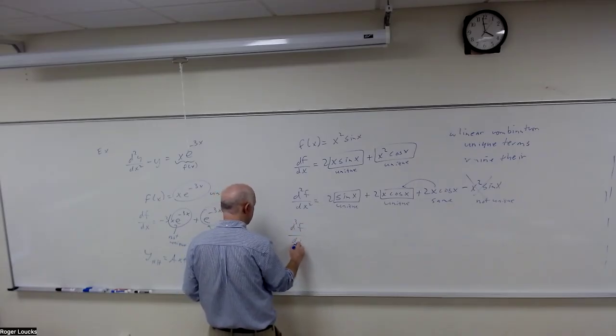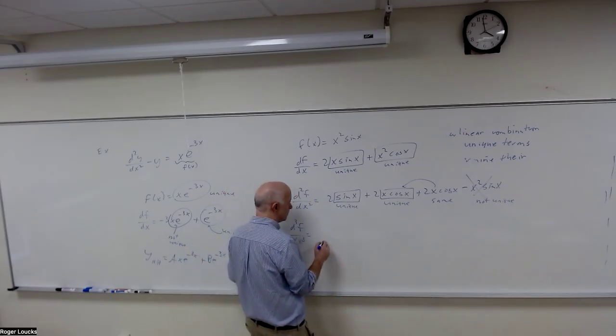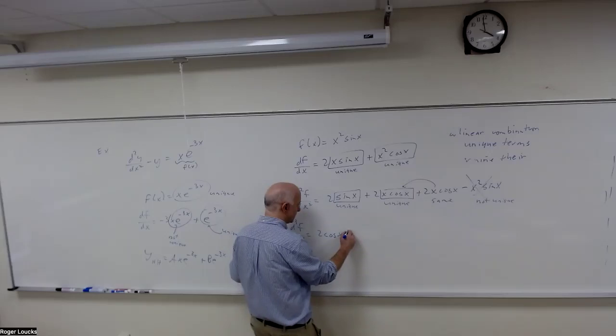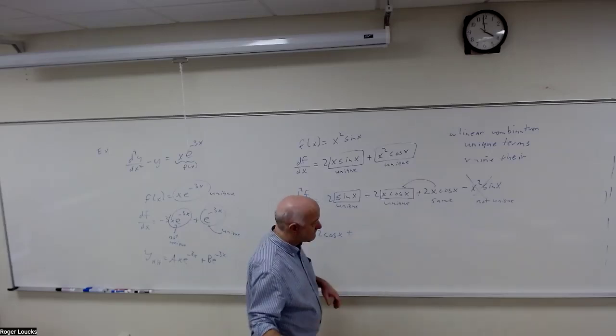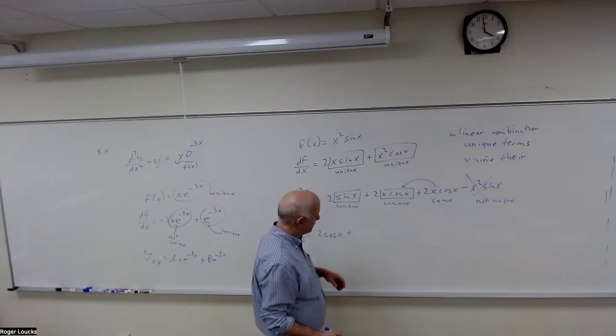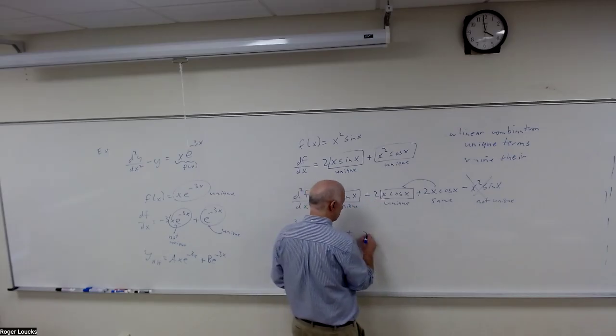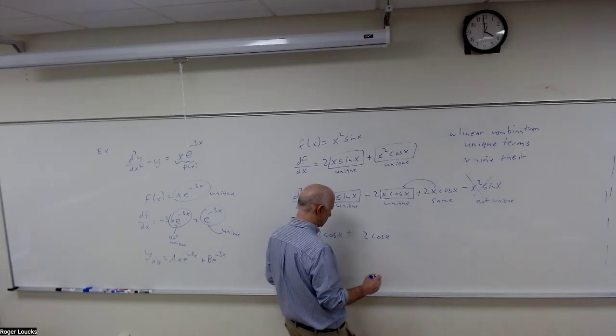Third derivative. Okay, try again. What do you say? Cosine x. There's another unique piece. What happens if I differentiate this guy, cosine of x? I get 2 cosine of x, same as this guy.